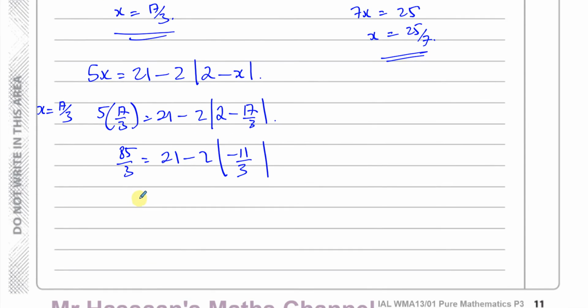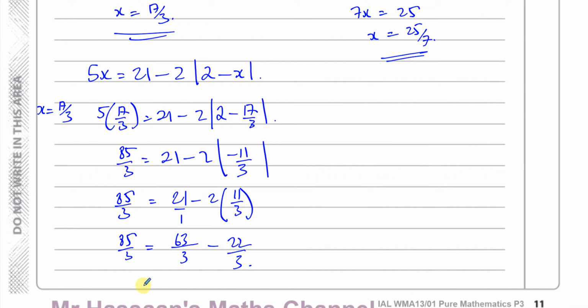So what does that give us? That gives us 85 over 3. On this side, this is 21 minus 2 times 11 over 3, remember, because of the modulus sign that becomes positive. So you have 85 over 3 equals 21 over 1, which is 63 over 3, minus 22 over 3. And that gives us 41 over 3.